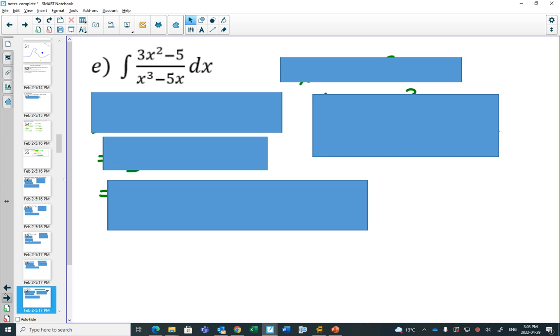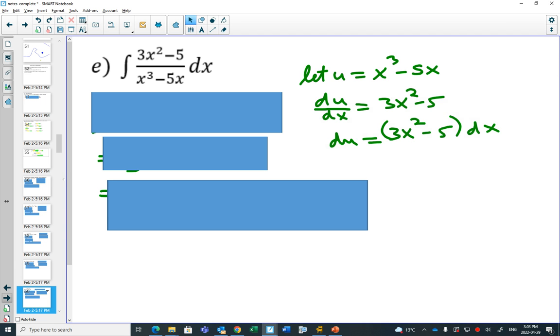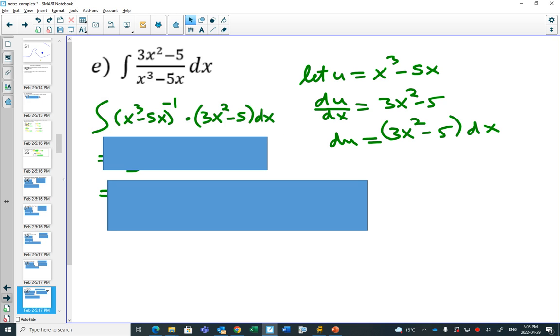So what we notice is that the bottom, its derivative is on the top. So if we let u equal the bottom, then du dx is the top, which can get replaced with du. And when we put things in, can you see that you would have a u on the bottom of a fraction, which we'll write as 1 over u, or u to the minus 1.